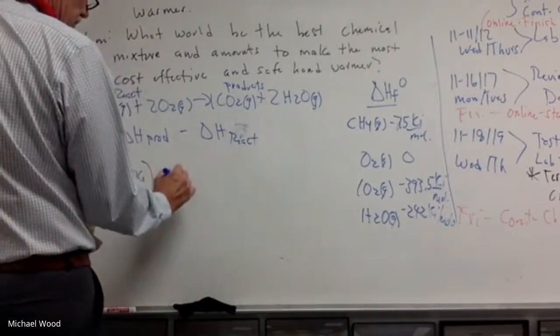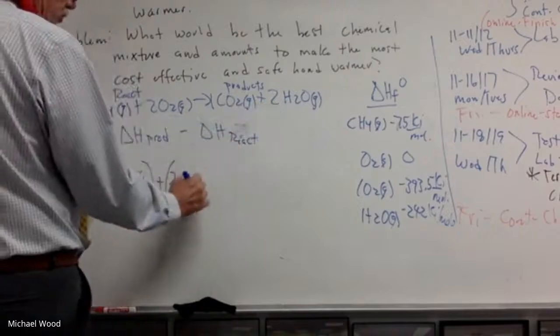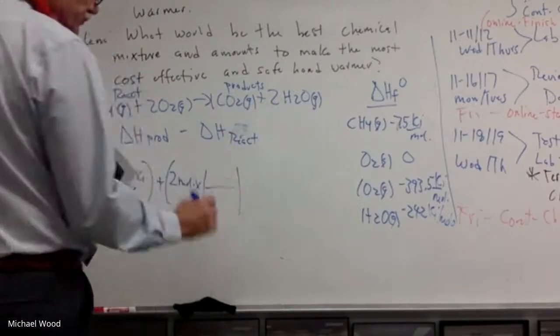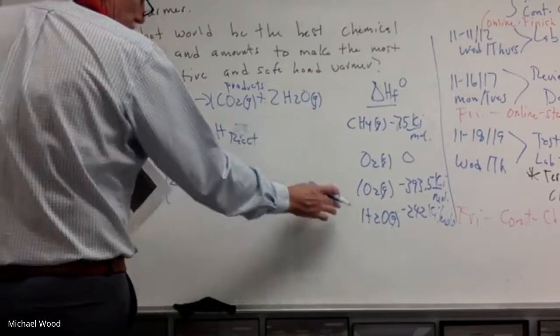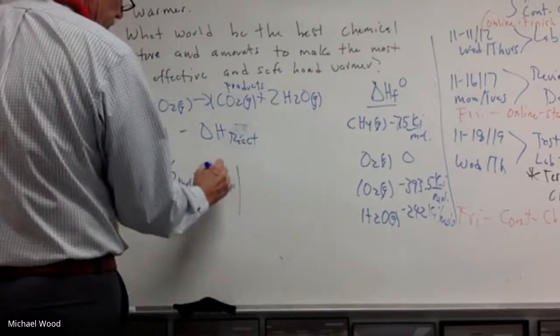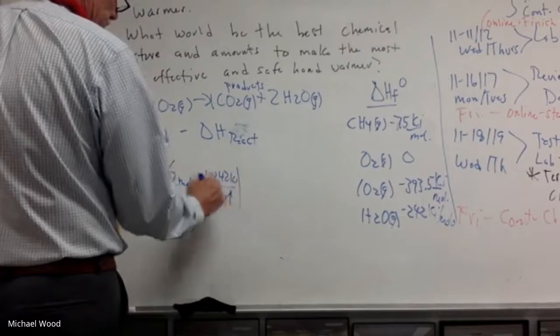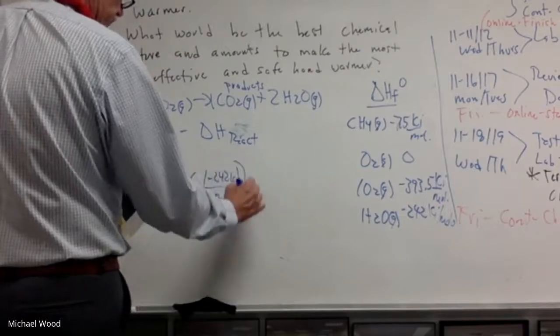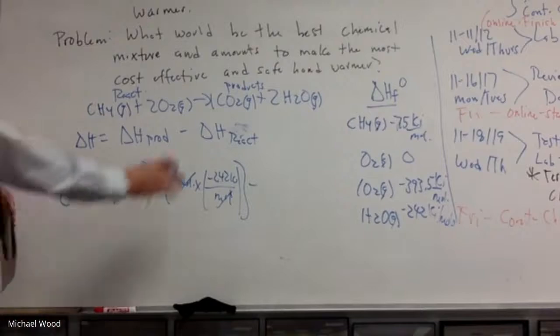This time, because it's got a coefficient of 2, I'm going to do 2 moles of H2O, and the value for H2O is negative 242 kilojoules per mole. The moles will cancel out. So there's the products.